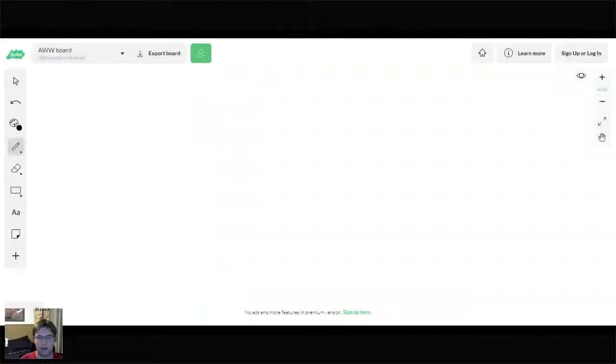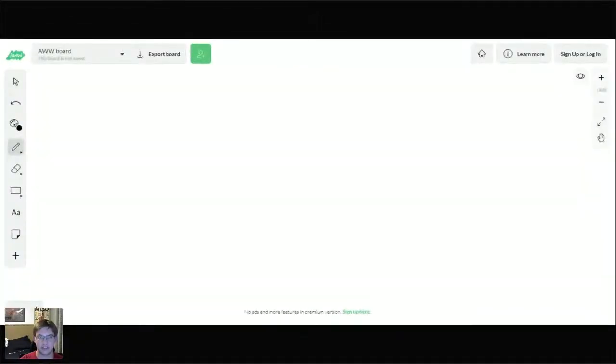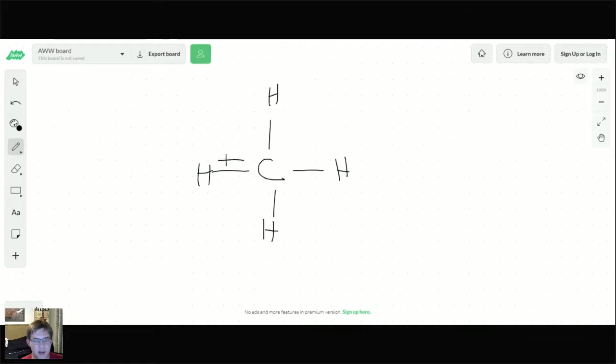So remember earlier we were talking about what makes a molecule polar in terms of its structure, right? It's that it's symmetric. So take, for example, methane. If I draw out the structure of methane, CH4, this is a non-polar molecule because we're going to see these dipoles heading like this, and they're going to cancel out.